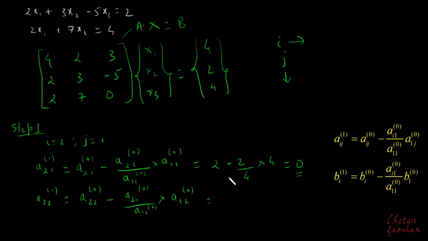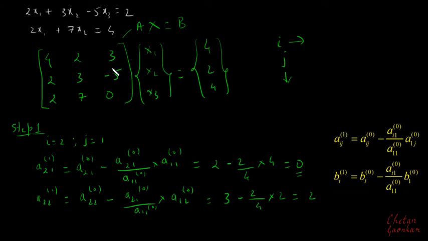So a22 original is 3 minus a21 original, that is 2, divided by a11 original, again 4, multiplied by a12 original, which is again 2. So this will give me a22 new as 2, right? Because this will be 4 by 4, which is 1, and 3 minus 1 is 2.